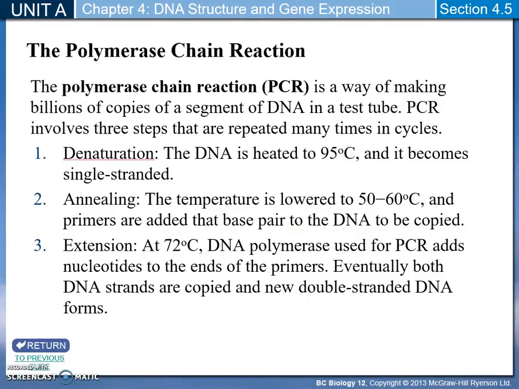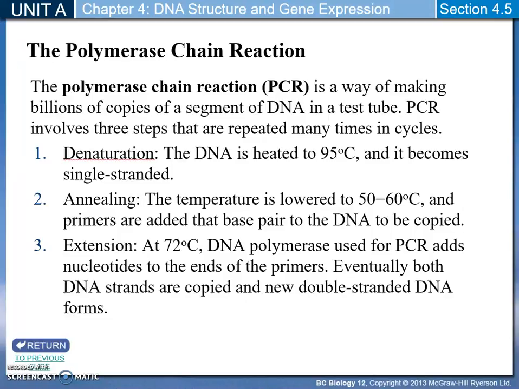So the polymerase chain reaction is a way of making billions of copies of a segment of DNA in a test tube. PCR involves 3 steps that are repeated many times in cycles. First of all, denaturation: the DNA is heated to 95 degrees C, and then it becomes single-stranded.